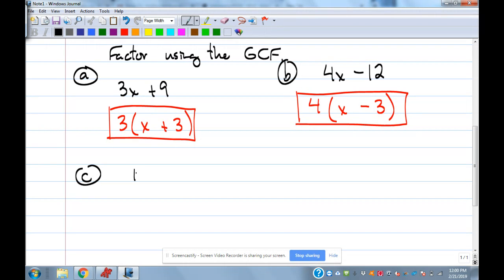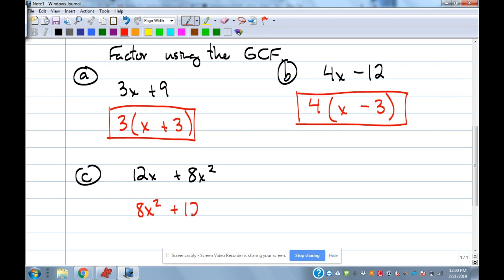And say we had 12x plus 8x squared. Is that one in the right order? No, because x squared, that's a higher exponent, so it needs to be in the front. So we're going to rearrange it. Just swap the order. That's a positive 8x squared.